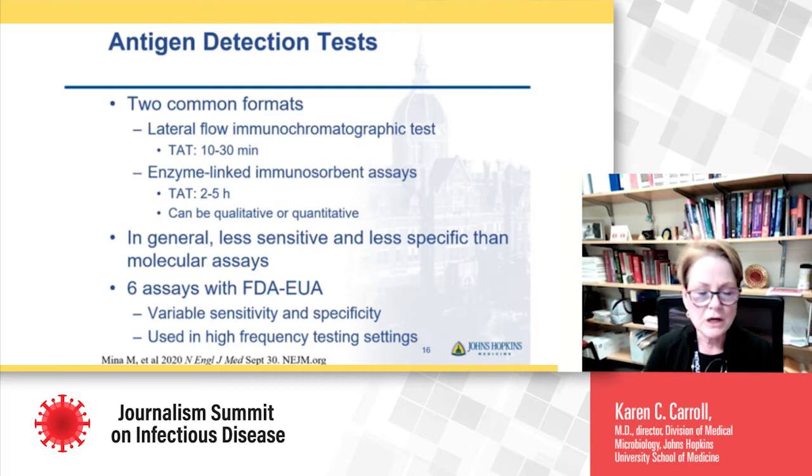The last time I checked, about a week ago, there were 6 antigen tests that have FDA emergency use authorization, and they really do differ in their performance characteristics. So one of the strategies that has been recommended by Dr. Michael Mina from the Harvard Health System is to use antigen testing in high-frequency testing settings for closed populations. And what do I mean by that?